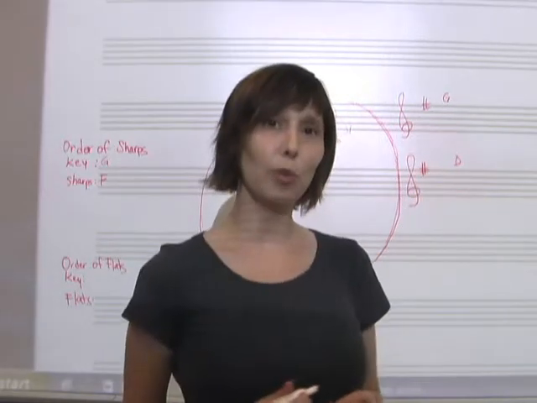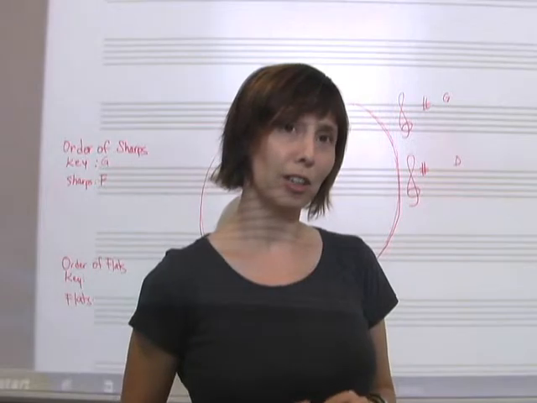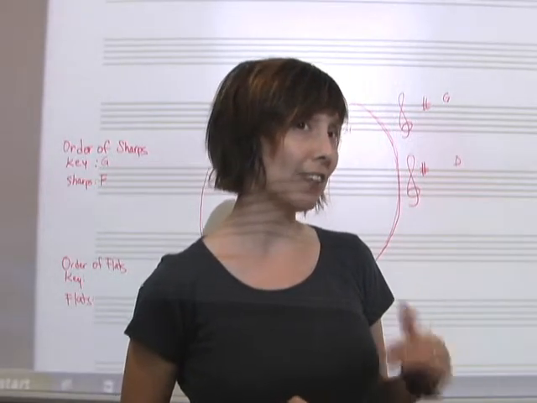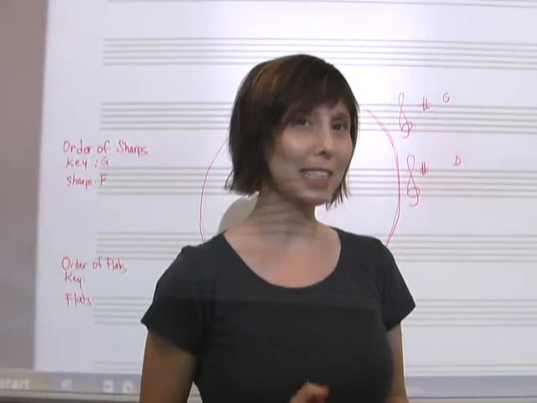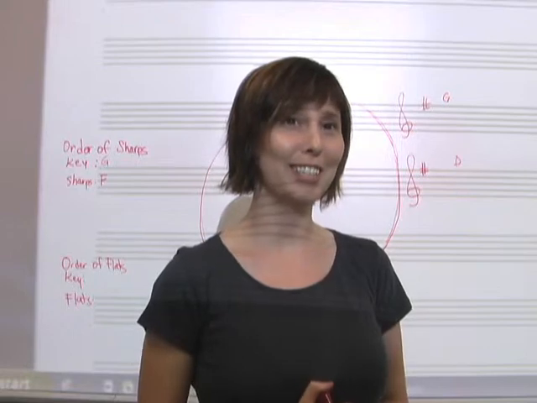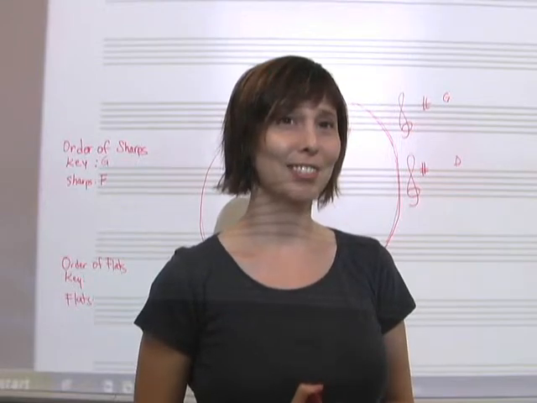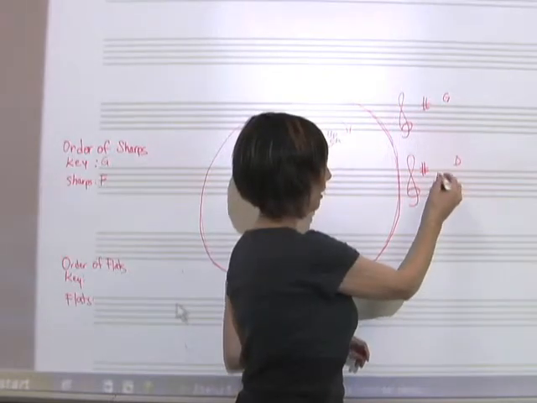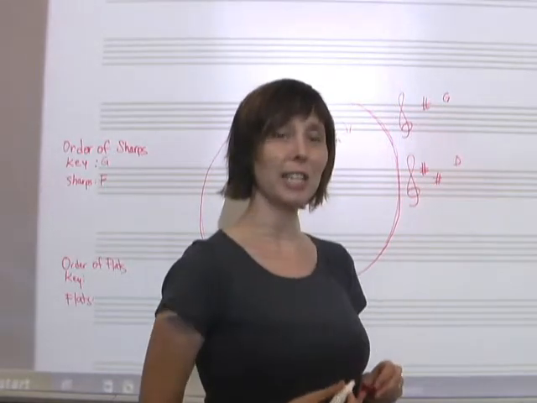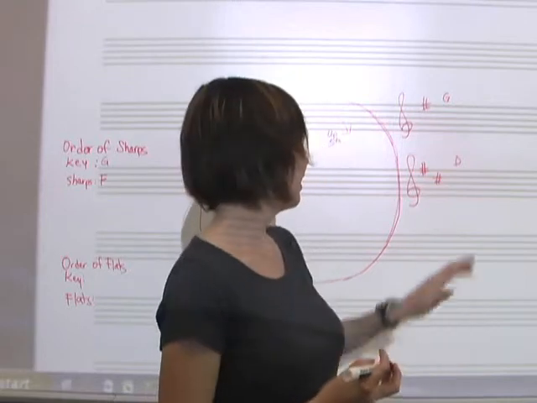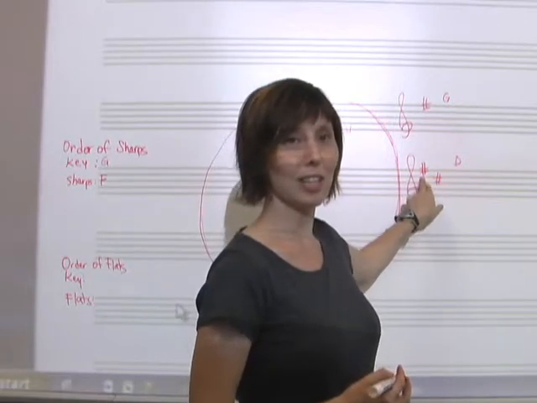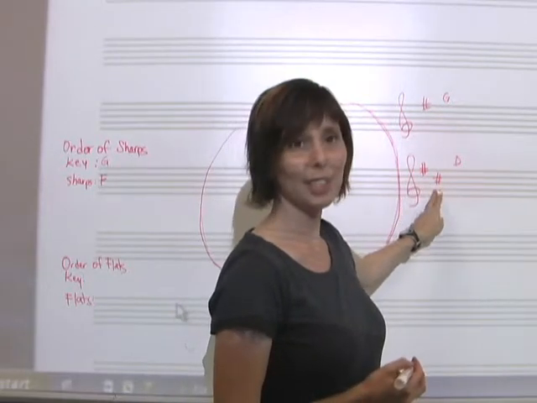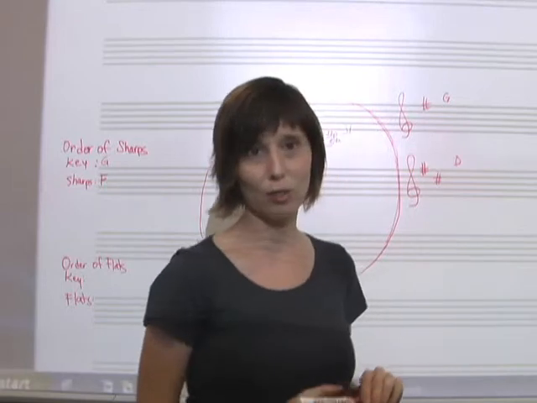And then to figure out what new sharp we add, we go down a half step, remember? So what's down a half step from D? C sharp. So C sharp would be 2nd in my key signature. And the key signature that has F sharp and C sharp in it is the key signature for D major.